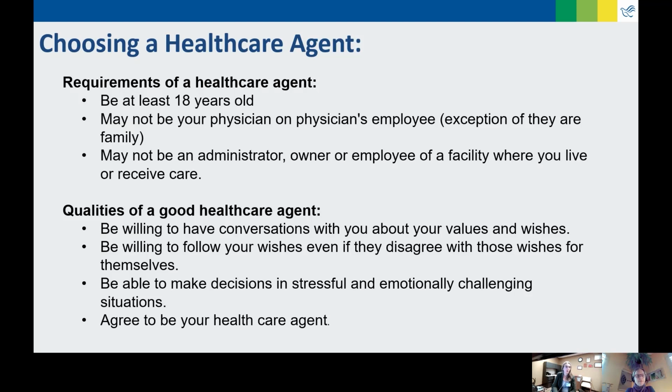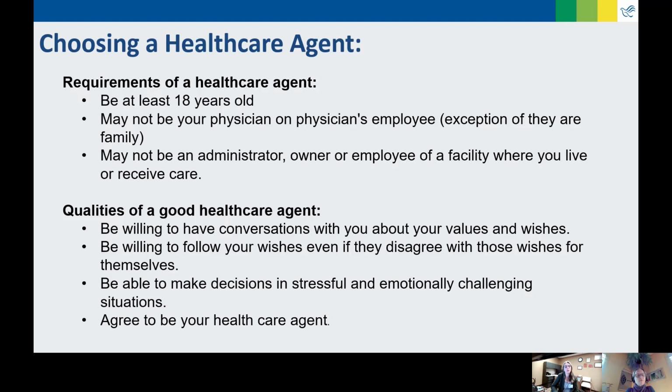So if you sit down with them and say, I have some things I want to discuss with you about what's important to me, and how I feel about my wishes at the end of life, and their eyes get really big and they start backing away from the table, or they just are really uncomfortable or not able to engage in that level of conversation with you, then they may not be the best person to name, because you're going to want to feel like they have a really good understanding of what's important to you. And the only way for them to do that is by having those talks.